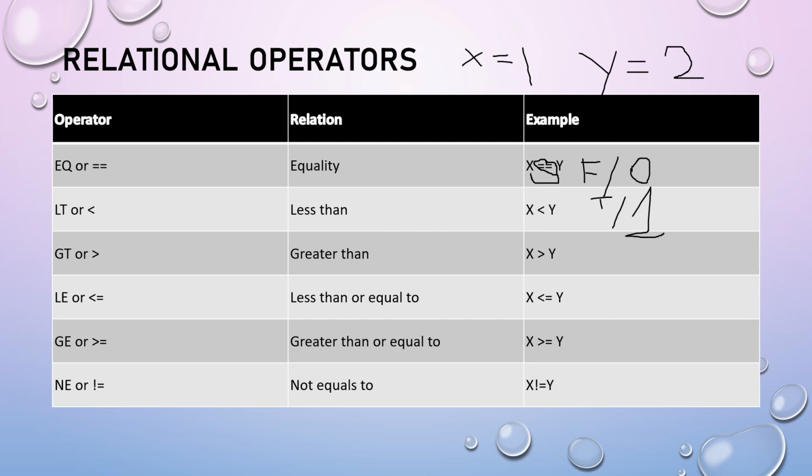Okay, now the same for greater than. It checks whether one variable is greater than another, so it will give the value false, or 0. Okay, now this checks less than or equals to.